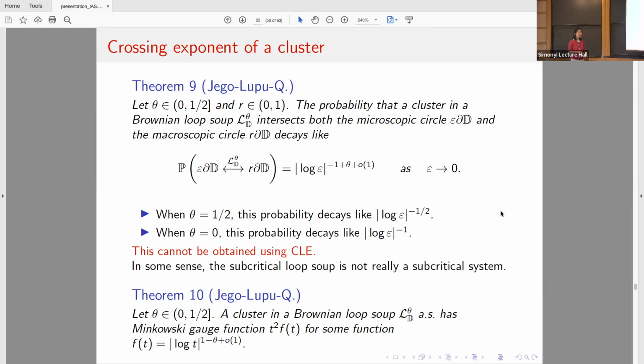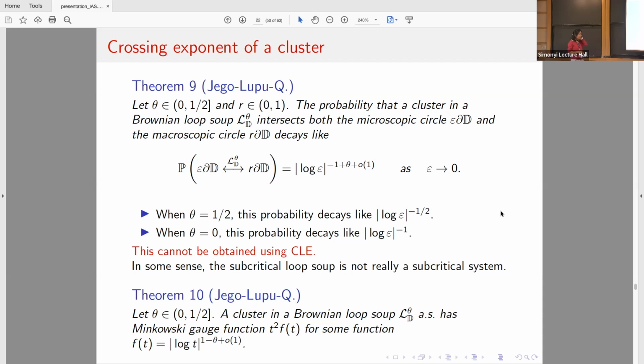In the critical case, I think this is proved, I don't know if it's written, by Aru, Lupu, and Sepulveda.